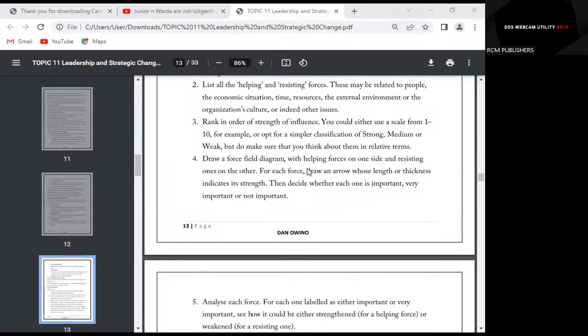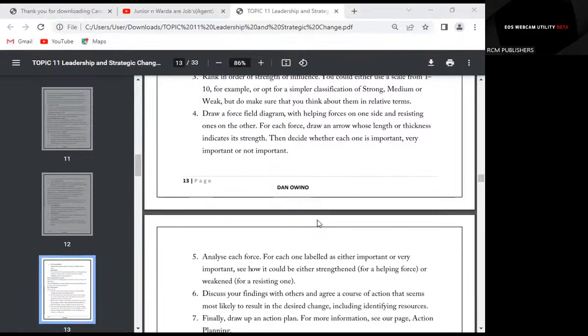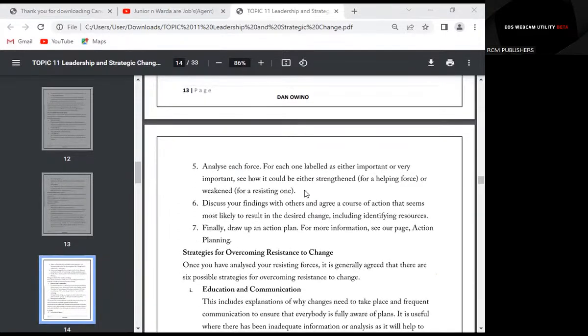For each force, draw an arrow whose length or thickness indicates its strength. Then decide whether each one is important, very important, or not important. Then 5, analyze each force labeled as either important or very important. See how it can be strengthened, for a helping force, or weakened, for a resisting one.